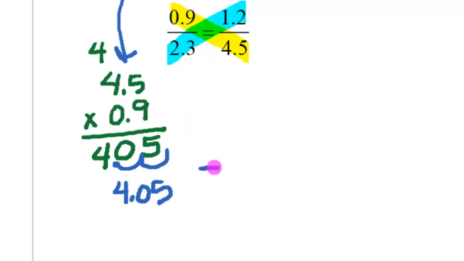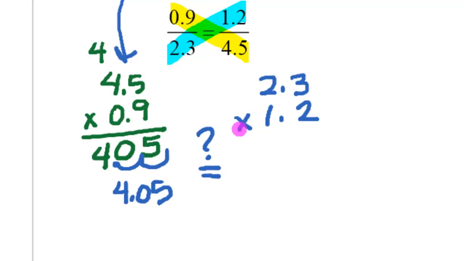Okay, so now we want to check and see if that equals the answer that we get when we multiply 2.3 times 1.2, which is this cross product, right?